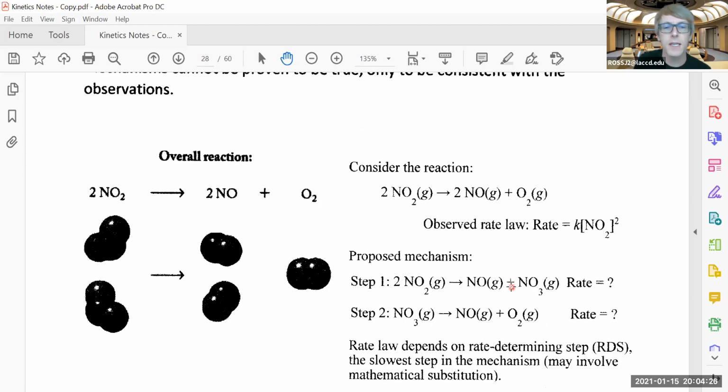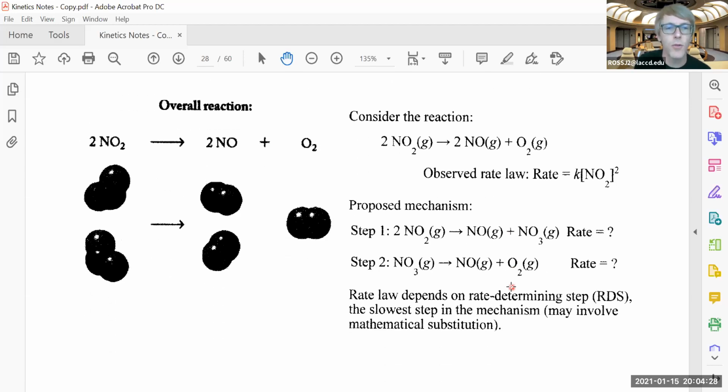Okay, so let's take as an example this overall reaction. We've got 2 lots of nitrogen dioxide give 2 lots of nitrogen monoxide and molecular oxygen. We do an experiment and we actually observe in the lab the rate law, which we can see over here.